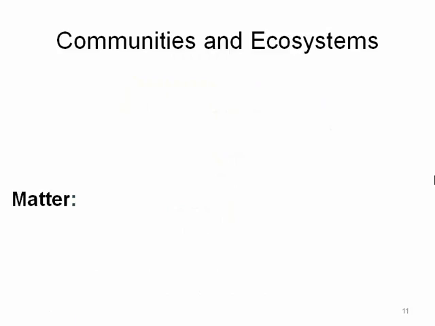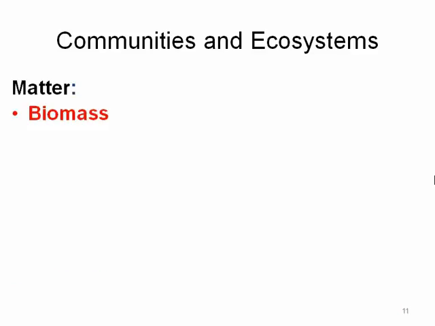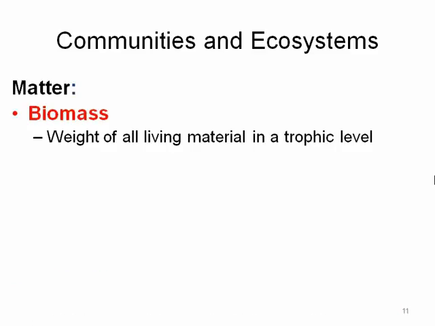Communities and ecosystems contain matter, and in that we distinguish largely the term biomass, which is the weight of all living material, and a trophic level, which we'll define in a moment. They also, another important thing they do, is pass energy through the ecosystem. And that's done through this notion of a trophic level.